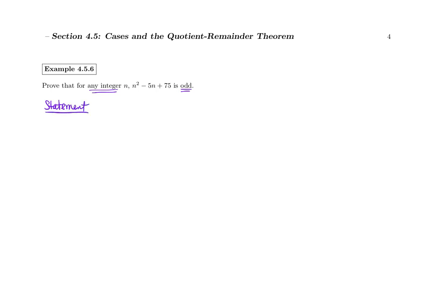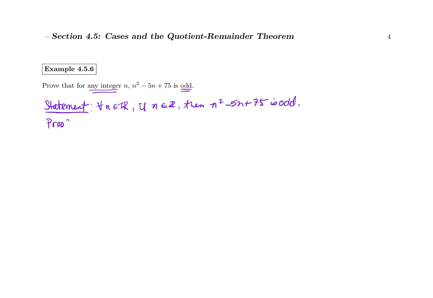So our statement as the universal conditional says for all n in the real numbers, if n is an integer, then n squared minus 5n plus 75 is odd.